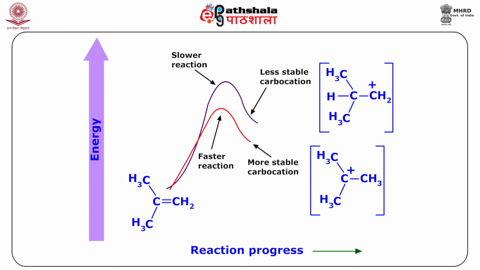Now, because the amount of positive charge in the transition state is not as great as the amount of positive charge on the carbocation product, the difference in the stabilities of the two transition states is not as great as the difference in the stabilities of the two carbocation products. Now you can easily see this in the potential diagram for the formation of tertiary butyl cation.